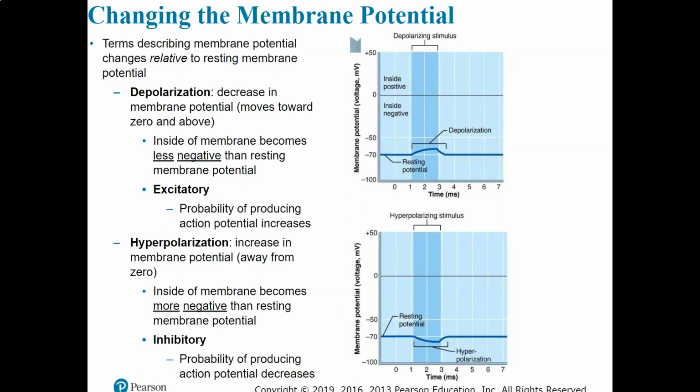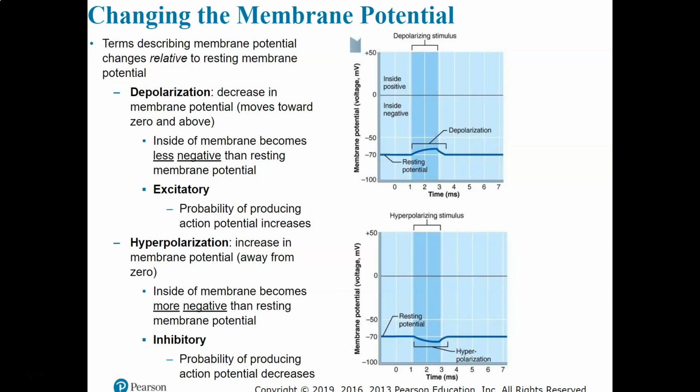So when we depolarize, we make the inside of the cell less negative. It moves towards zero. These changes are excitatory, because if we depolarize to threshold, we're going to fire an action potential.